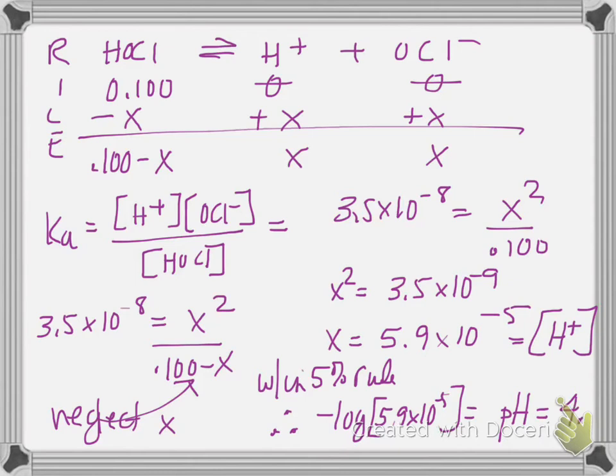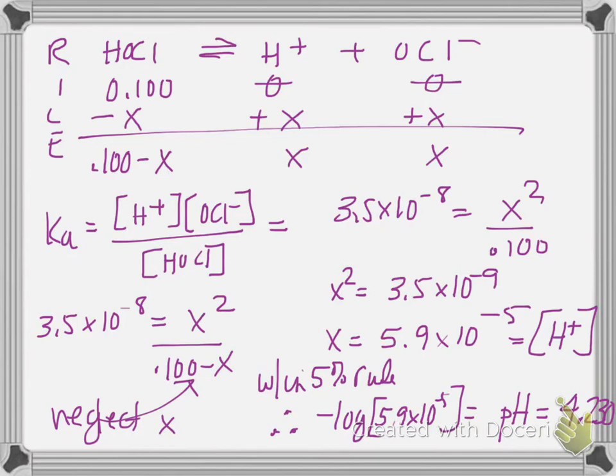What do I need here? 2.3. Technically, they gave us 0.100, so 4.23. I can't fit my 0. There I go. Okay?